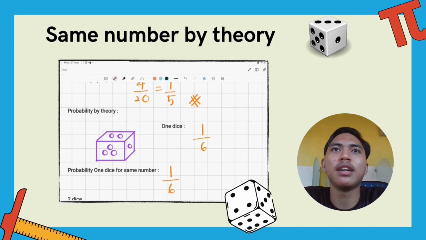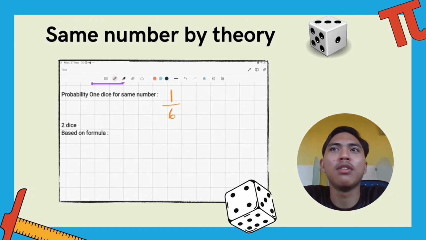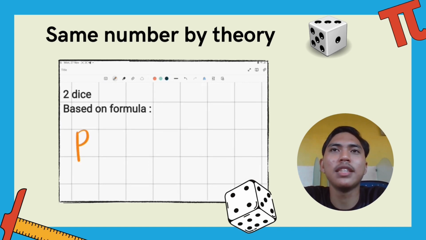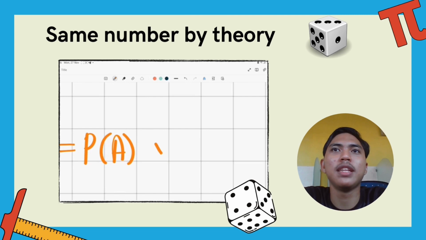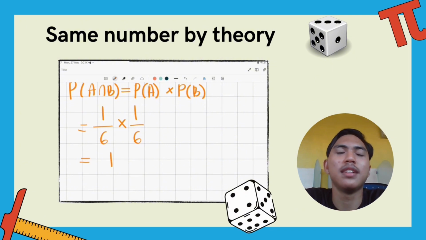But how do we calculate the probability of getting the same number for 2 dice? Based on the formula, probability of A intersect B equals probability of A times probability of B. So 1 over 6 multiplied by 1 over 6 equals 1 over 36.